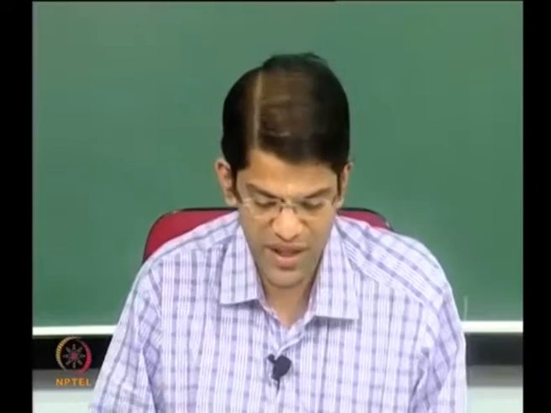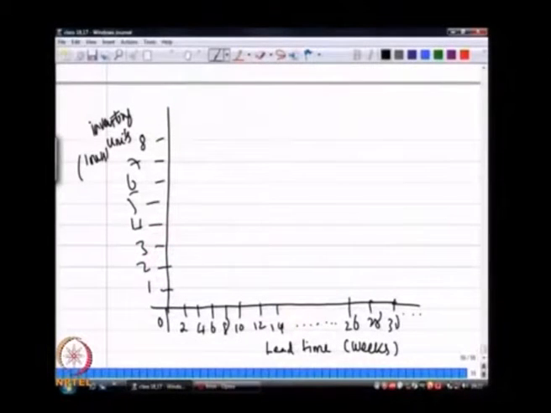That will be the number of inventory units that is consumed every week. Now, if that assumption is made, let us see how the behavior of inventory with lead time gives us an understanding of when we should order the inventory.